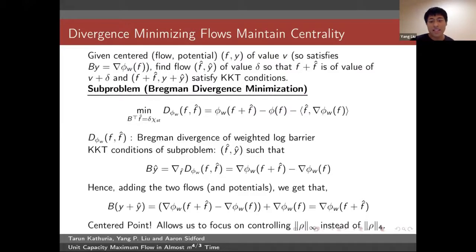Because this point is exactly central, instead of controlling the 4 norm of congestion, we can just focus on controlling the infinity norm of congestion for this new divergence minimizing flow. Then you can plug through the same method of Liu and Sidford that got the m to the 11/8 algorithm and get an m to the 4/3 algorithm out of this.